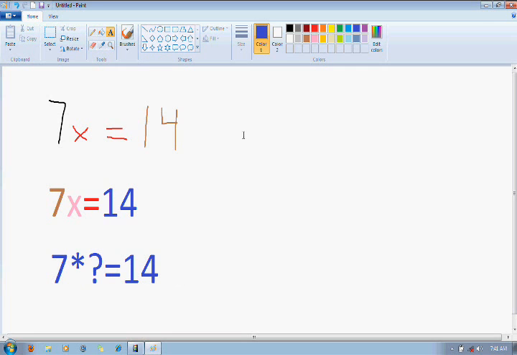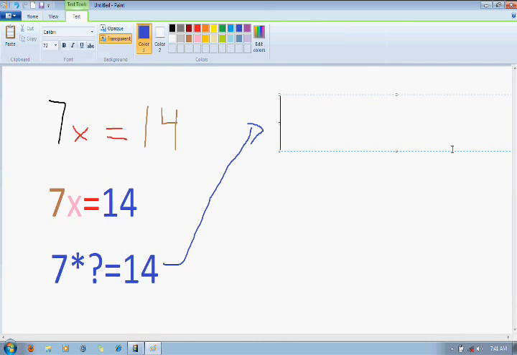One of the best ways to figure that out is to take this, and I'm going to continue on up over here, like that little arrow, and I'm going to bring over the equation 7x equals 14.